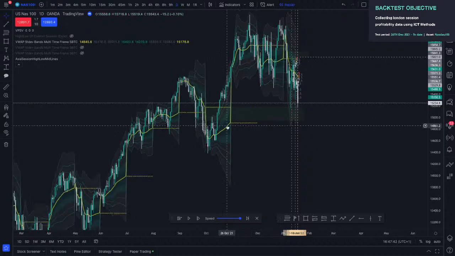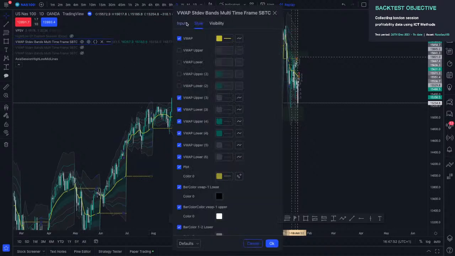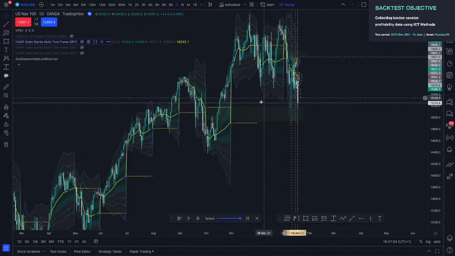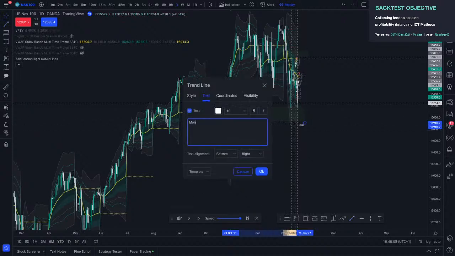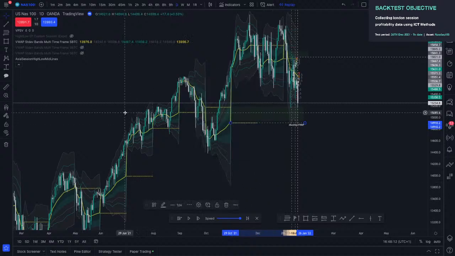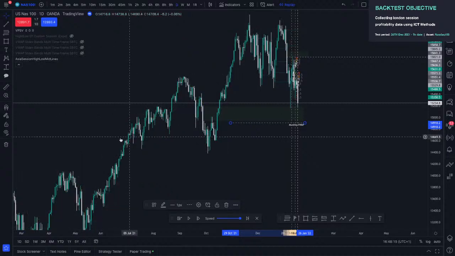It's reaching the VWAP low down here. Right, is this the weekly or the monthly? It's the 1 month. So you're reaching for the monthly VWAP low down here, from which we could see a heavy reaction. Let me just mark it. Monthly VWAP. So we'll just wait there.